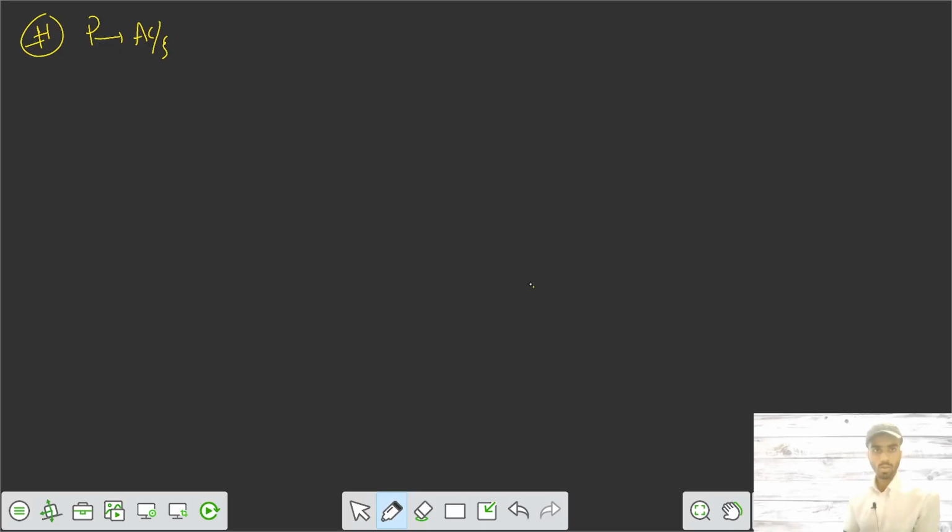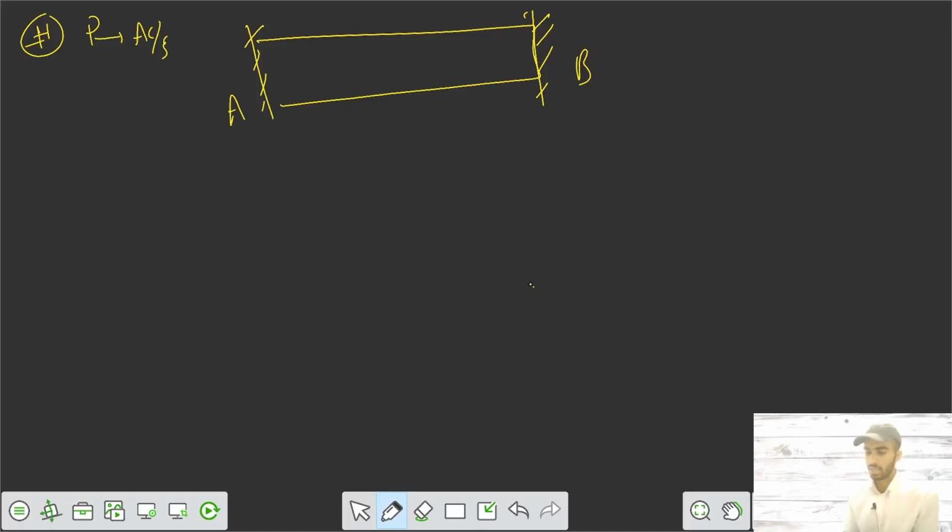So you have here support A, and you have here support B. Let's say at a section 100 mm from A, you applied a force of 13.6 kilonewton, and at a section further 200 mm away, you are applying a force of 27.2 kilonewton.